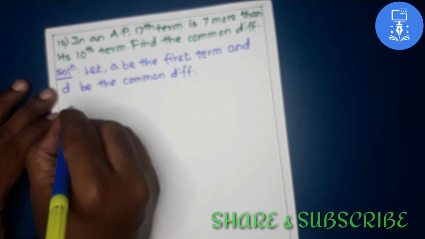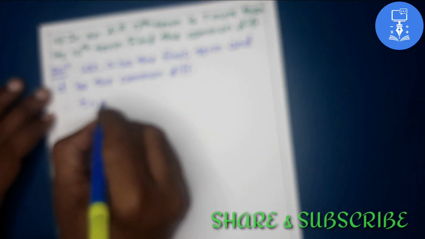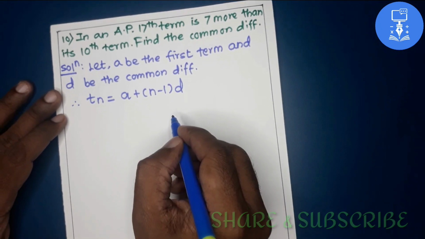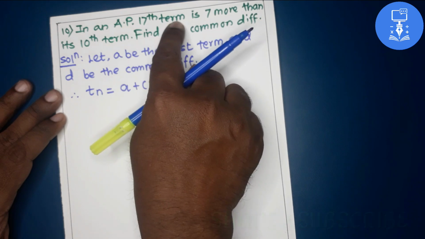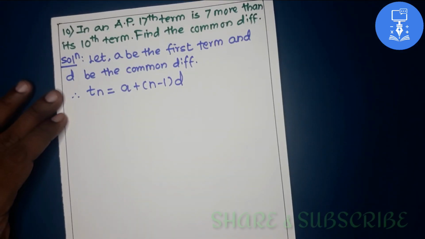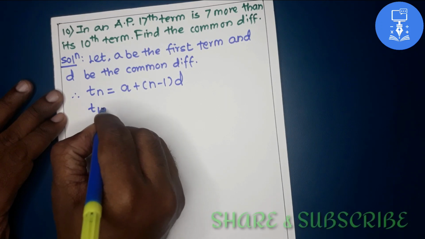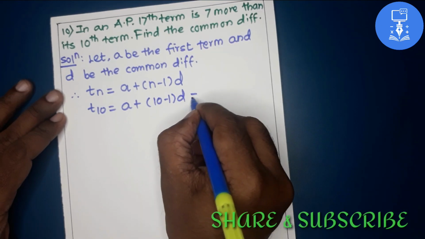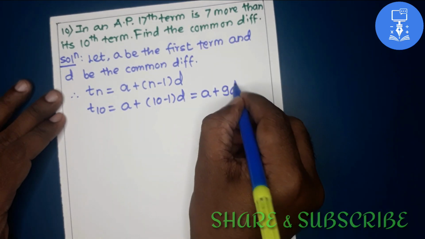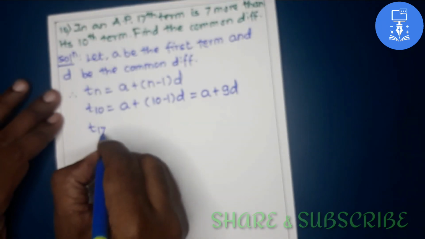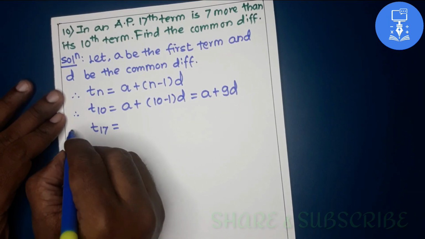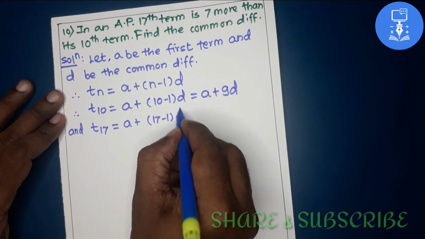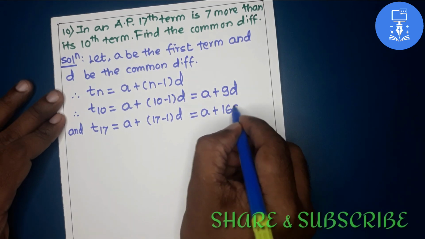So we can write the general term Tn as a plus n minus 1 into d. Now look here, the 17th term and the 10th term, they have mentioned two terms. Let's find them. T10 is equal to a plus 10 minus 1 into d, so it will become a plus 9d. Similarly, T17 will become a plus 17 minus 1 into d, which is a plus 16d.